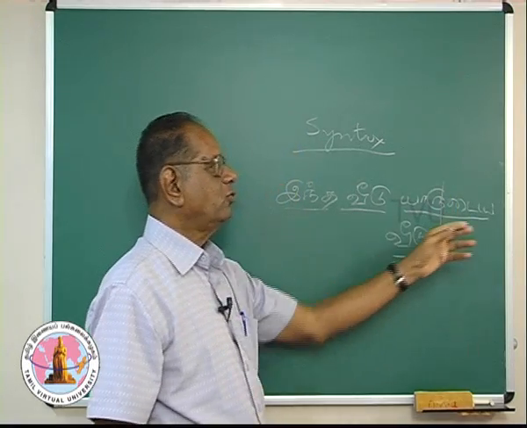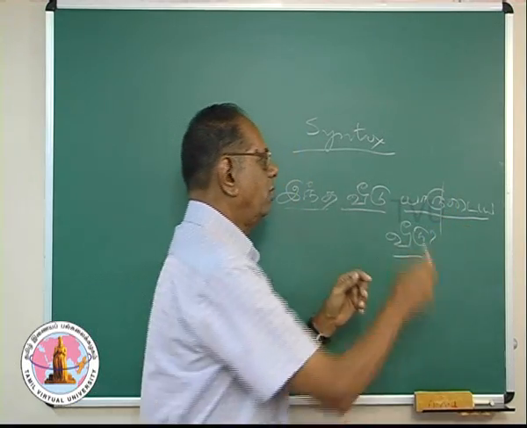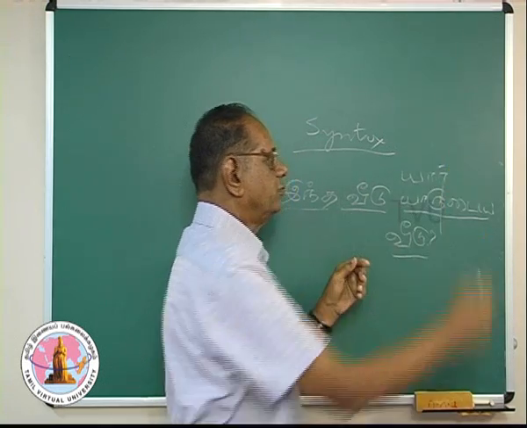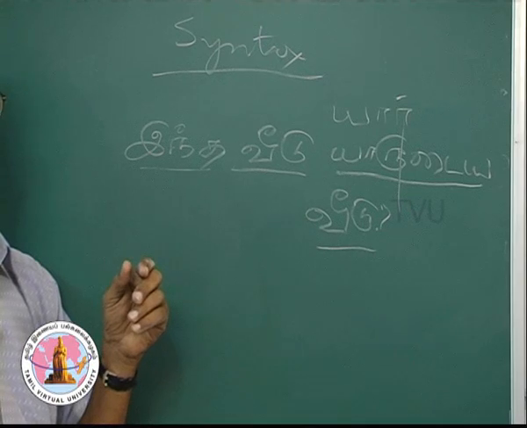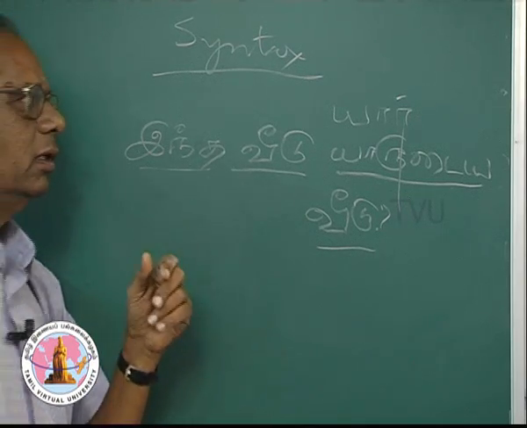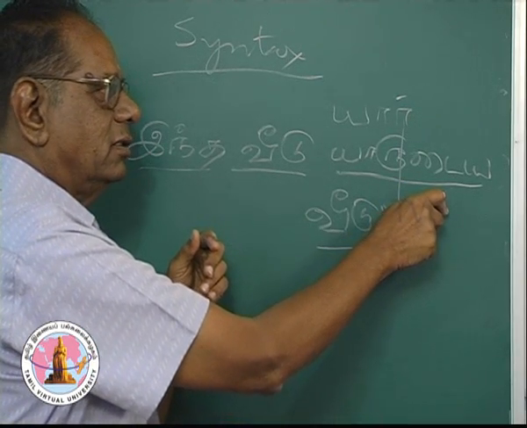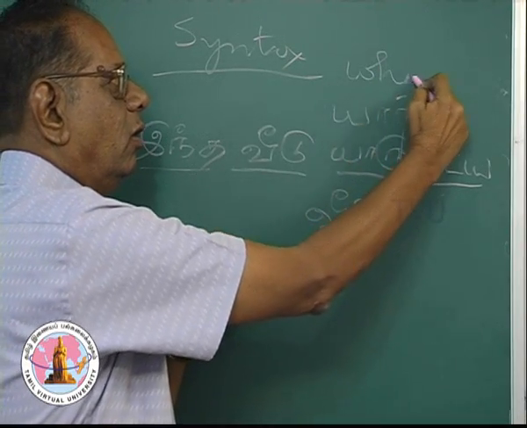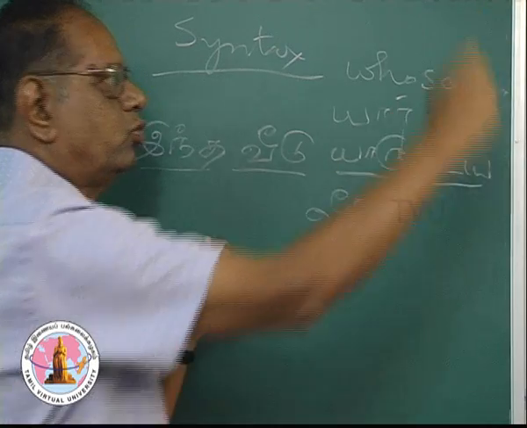If you separate this உடைய, you have this word yar. Yar is who. உடைய is genitive case. So, யாருடைய? Whose.